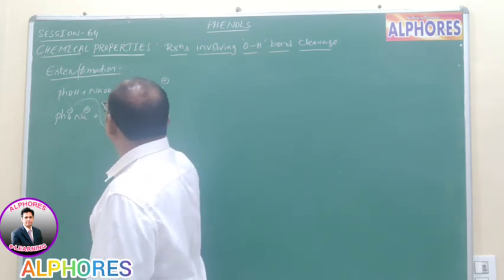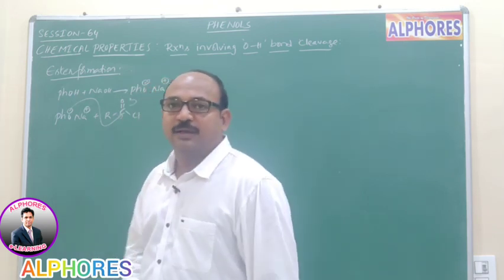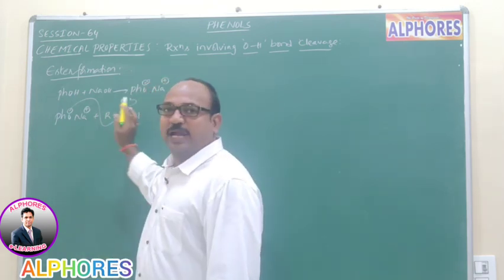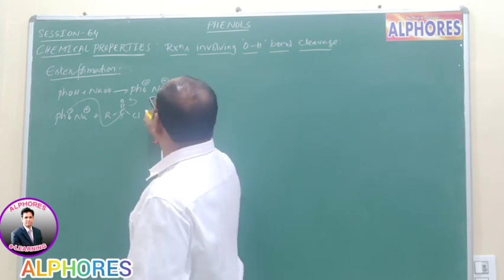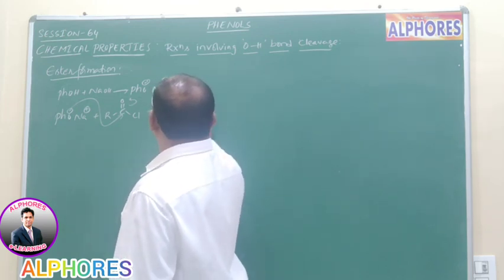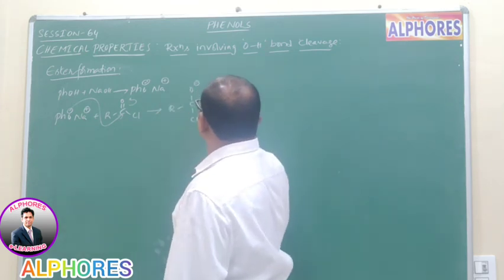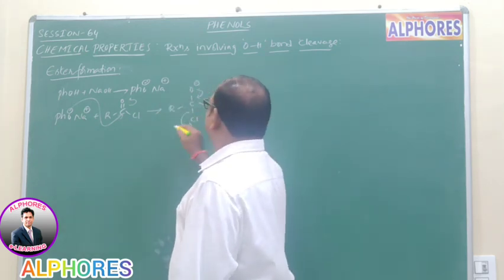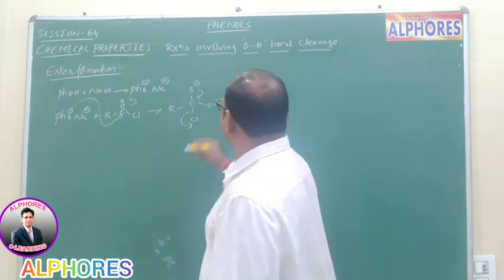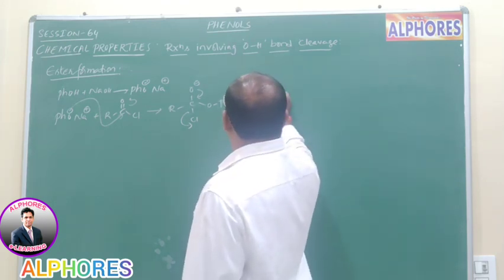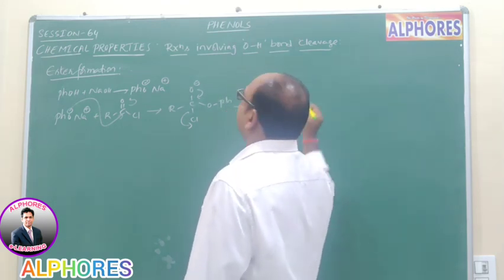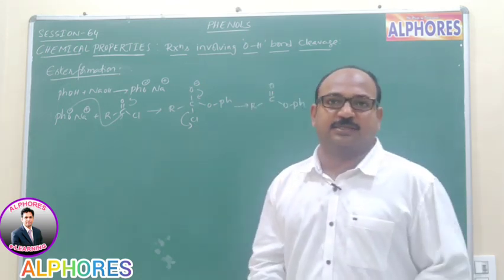Acid chloride is more reactive here, and Cl will be displaced by PhO-, that means a nucleophilic substitution reaction. Here RCO-Cl OPh; upon reversal of the charge, Cl has to come out as Cl-, then we are getting RC=OOPh. So this is what we call the phenolic ester.